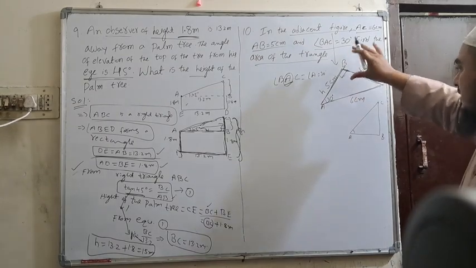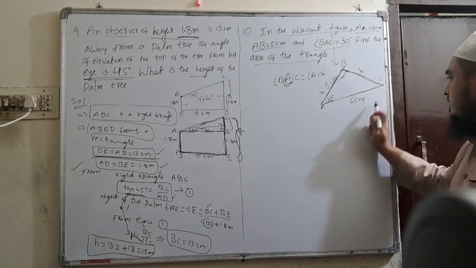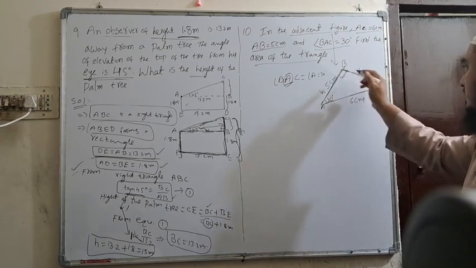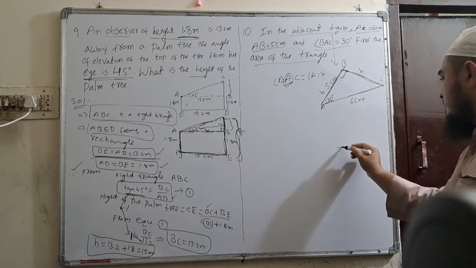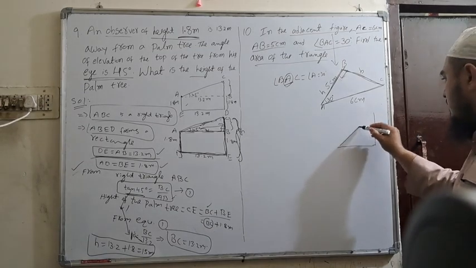If you just turn it around, I'll draw the triangle. Base of the triangle is BC, so you can take this as BC. Height of the triangle you can take as AB.